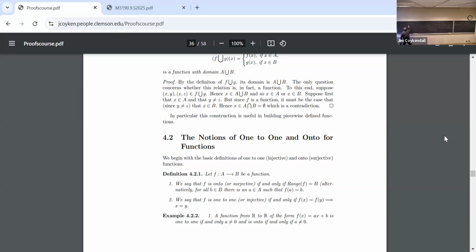So let's go this way first. We want to show that if it's 1 to 1, then m is not 0. I'm going to do the contrapositive. Show m equals 0 implies f not 1 to 1.